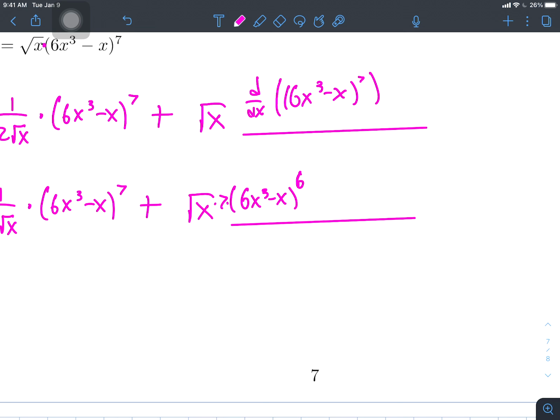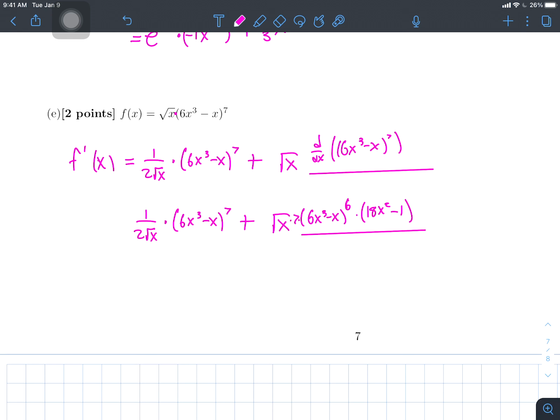And then I multiply that by the derivative of the inside, which is 18x squared minus 1. Okay, and I'm done. Just a combination problem. We had to use the product rule and the chain rule on this one.